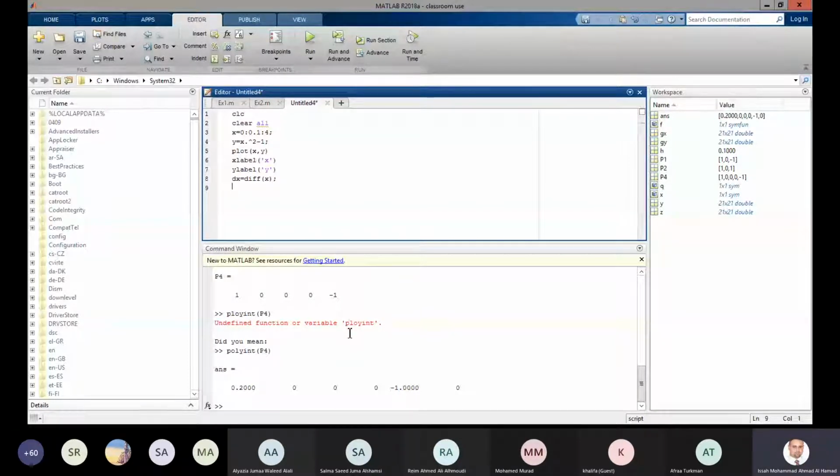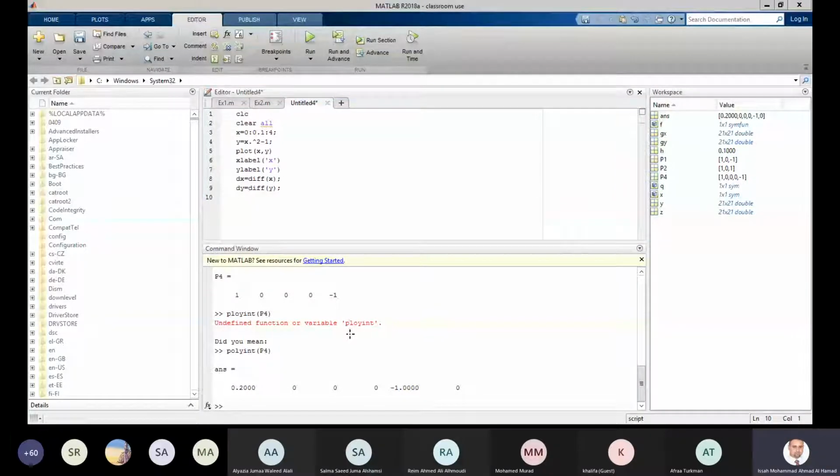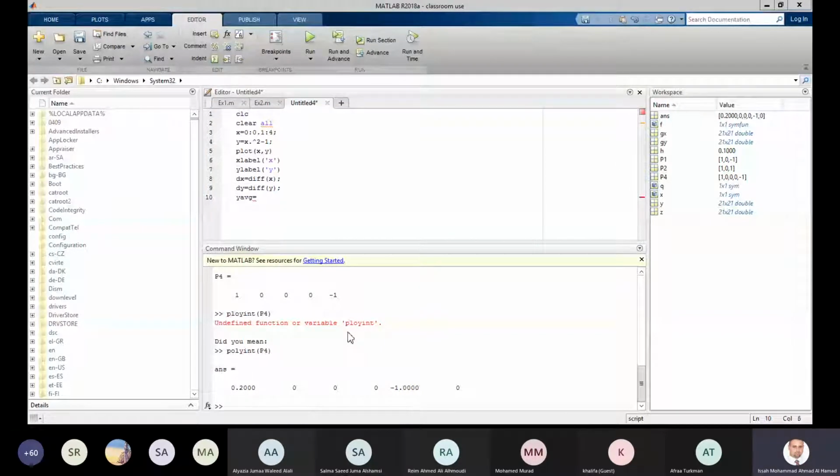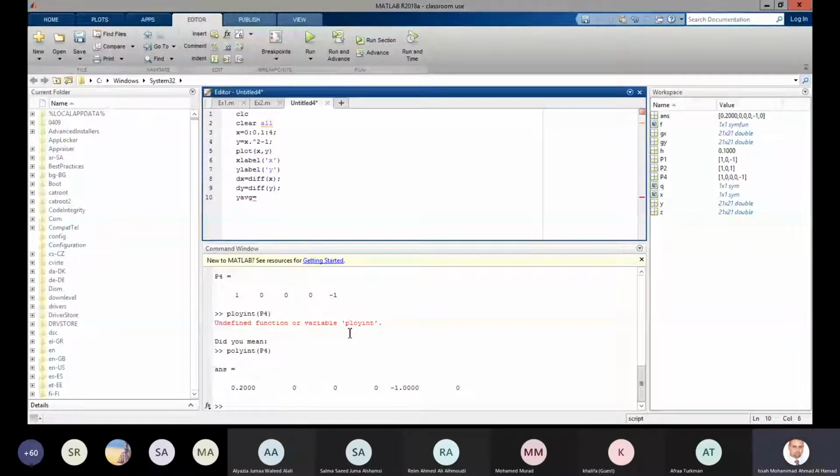And let me find dy equals diff of y. Correct? Now, I will define something called y average, which is equal to y from the first entry up to the last entry minus 1.